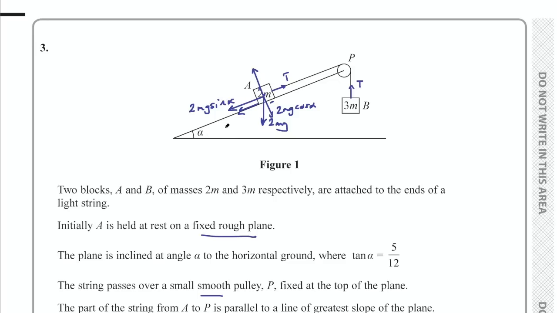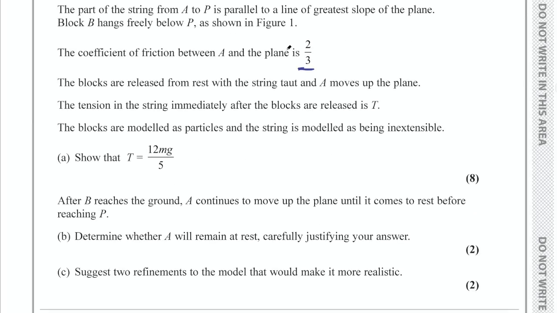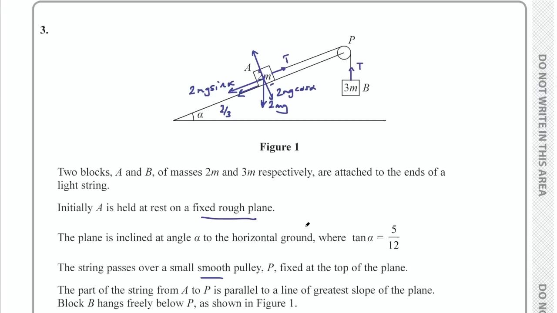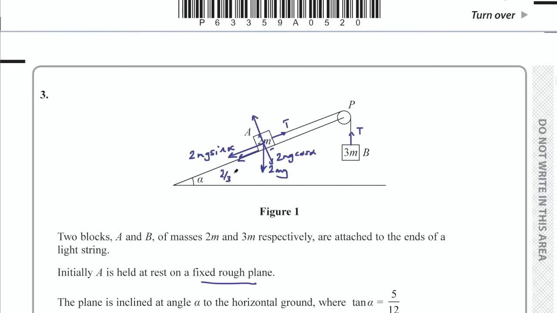So this will be our coefficient of friction, which we know is 2 on 3. Remember, they tell us that in the question. The coefficient of friction is 2 on 3. So this is going to be 2 on 3 times 2mg cosine alpha. I'm just going to write n there because I don't have enough room.